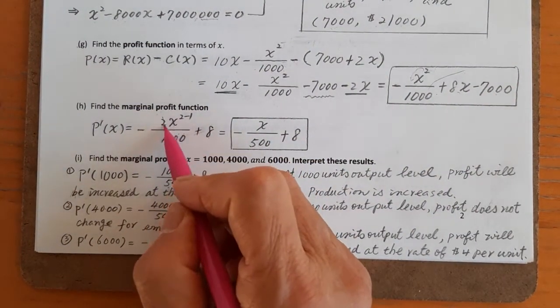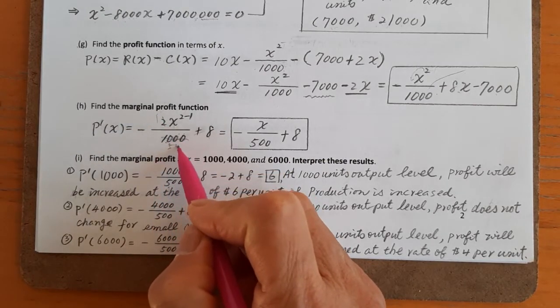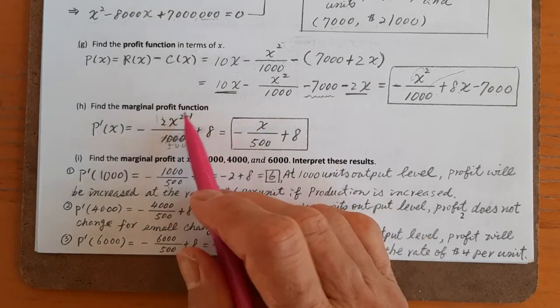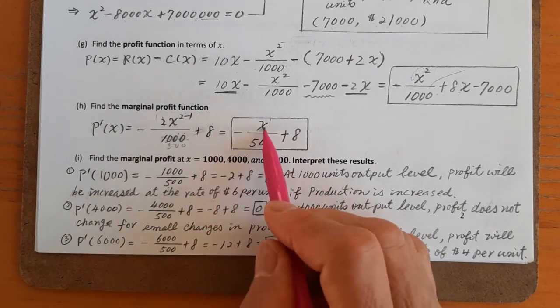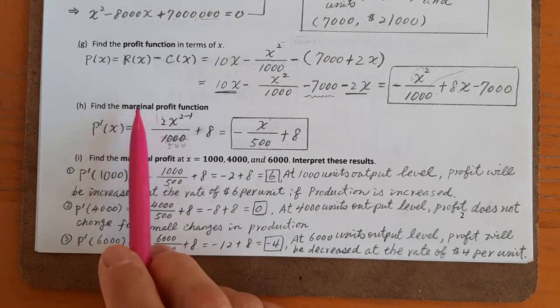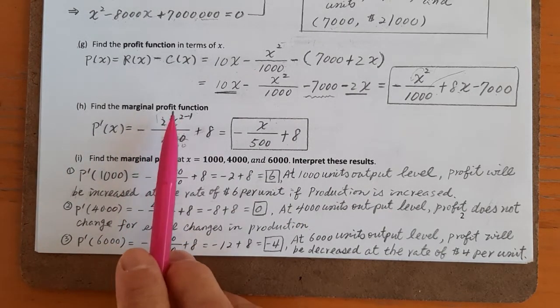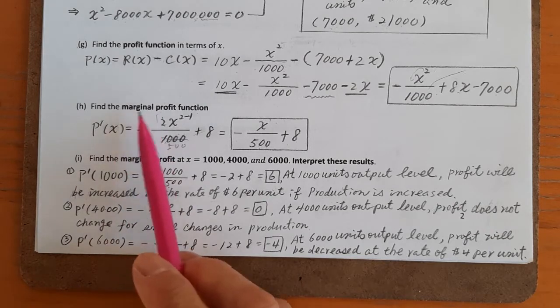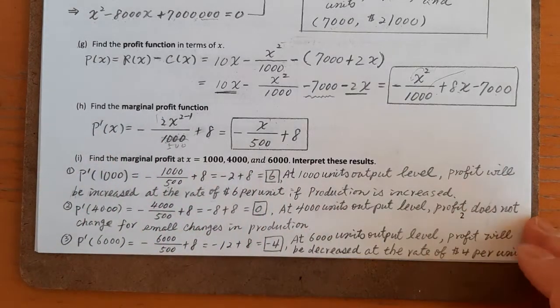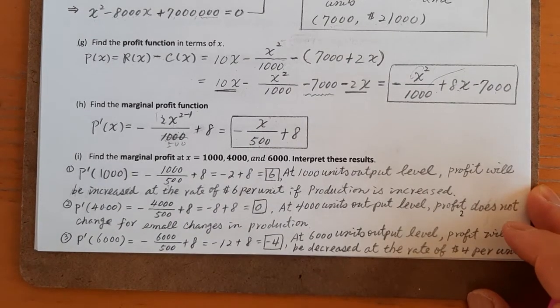Then cancel the common factor 2 and you get 500. So you get negative x, since 2 minus 1 is 1, over 500, plus 8. This is the instantaneous rate of profit, which is what we call the marginal function. It's the first derivative of the profit function.